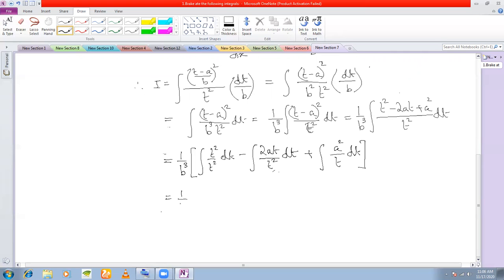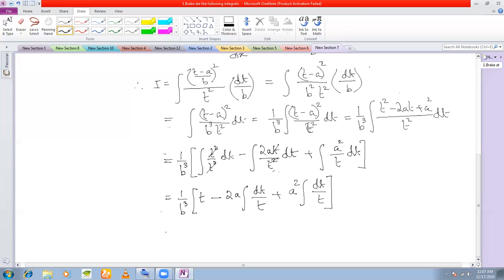So you get 1 by b cube, and then t square by t square will cancel. You get only integration dt, and what is integration dt? It is simply t. And here you can take 2a out. One t will cancel, and you get integration dt by t. Plus again you can take a square out of the integration because it is a constant, dt by t square.